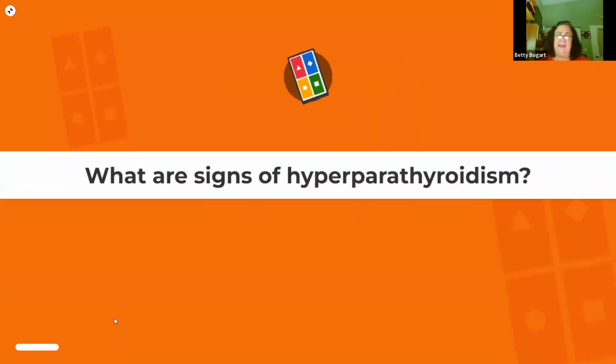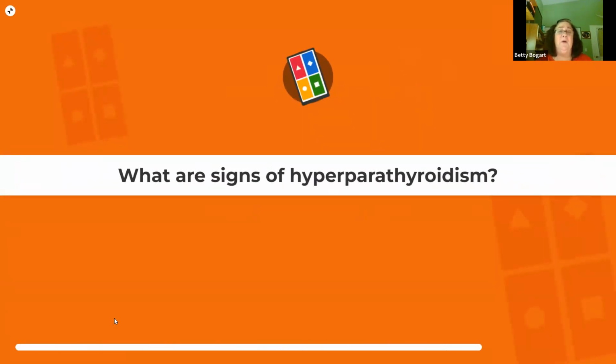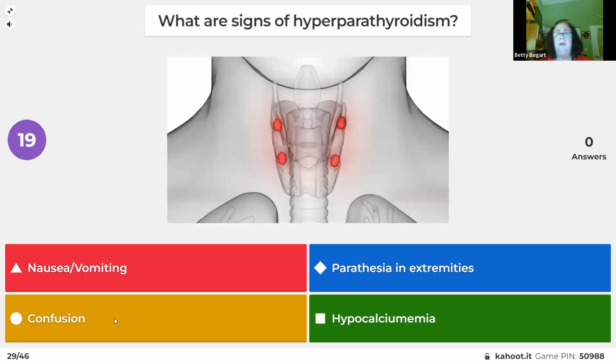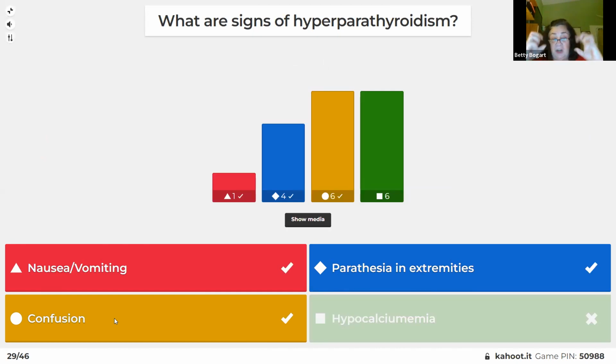A multi-select. What are signs of hyperparathyroidism? Well, you have to know, what does the parathyroid do? Parathyroid monitors and regulates the calcium in the body. What does calcium do? Calcium and magnesium are about the same. When you think of those things, think of muscle contraction, like calcium channel blockers.